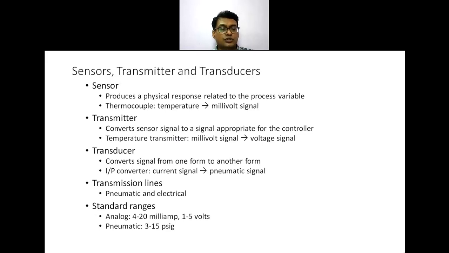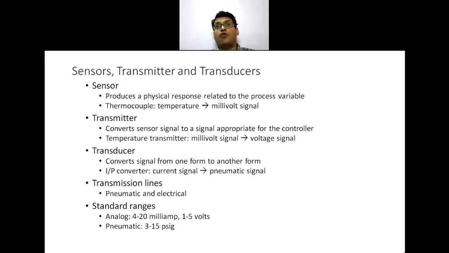Then for these transducers, the output signal in the form of voltage is usually fed to the transducer, which converts it to the pneumatic signal in the form of a pressure signal. Now this I to P converter, from the controller, sends the signal to the control valve.